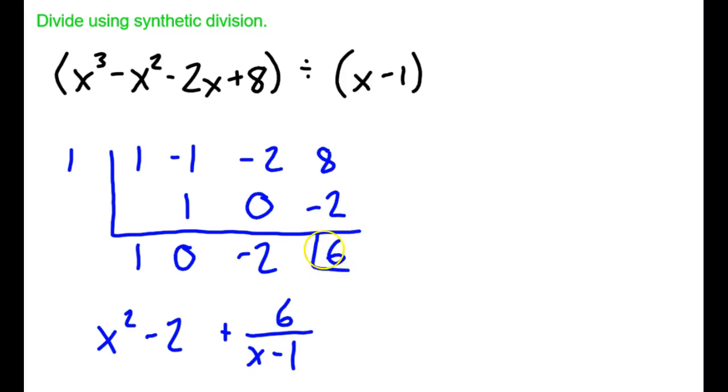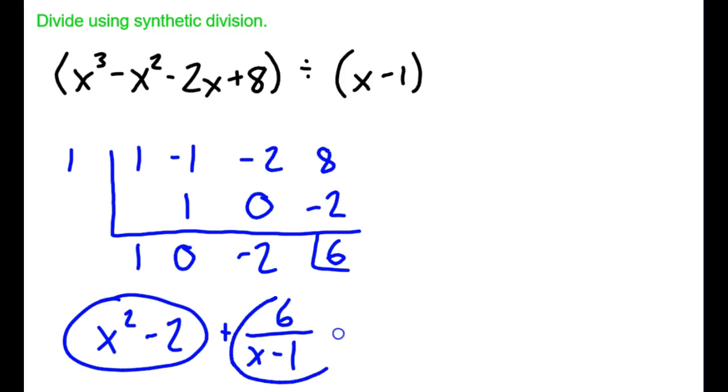This is our remainder. We always write our remainder divided by the divisor, what we're dividing by. So again, we have the quotient, q of x, and we have the remainder, r of x. We started with a of x and b of x. Again, we could use synthetic division in this case because we were dividing by a linear binomial.